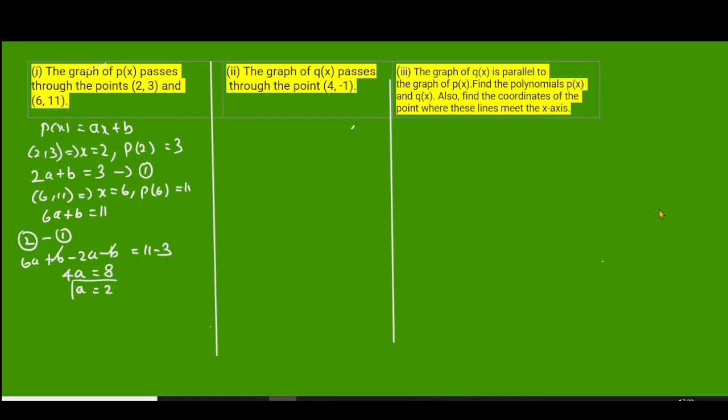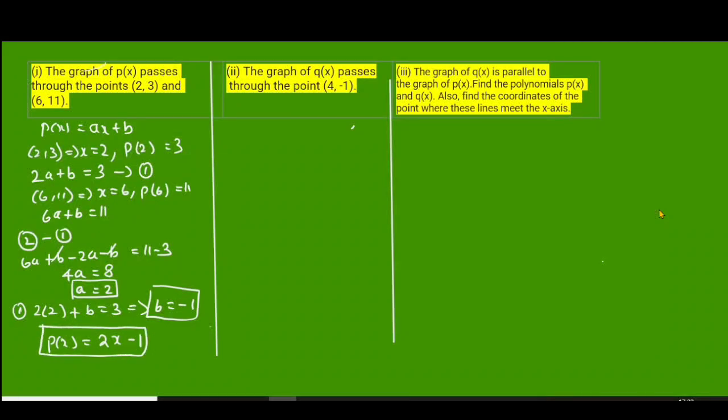So we got the value of a. Replace a in the first equation: 2 into 2 plus b is equal to 3, which means b is equal to minus 1, since 3 minus 4 is minus 1. So our P of x is 2x minus 1. This is our polynomial P of x.